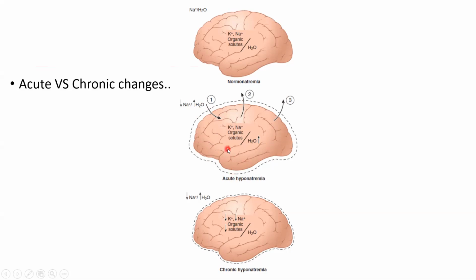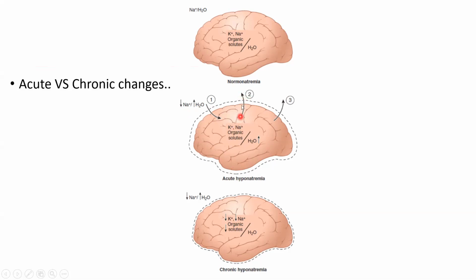Now, if the initial insult remains there, it's not addressed, then for electroneutrality, these ions will start leaving to balance the electrical imbalance.